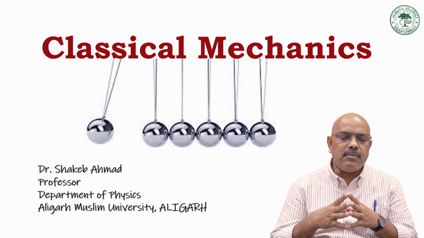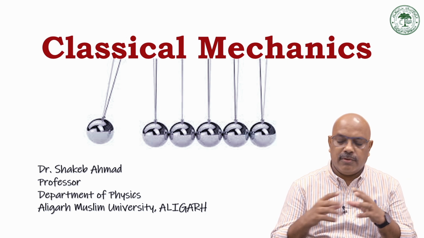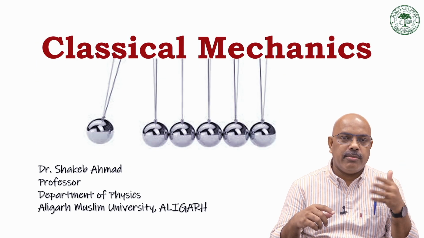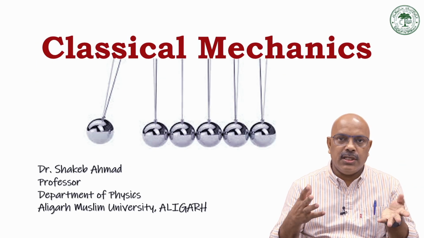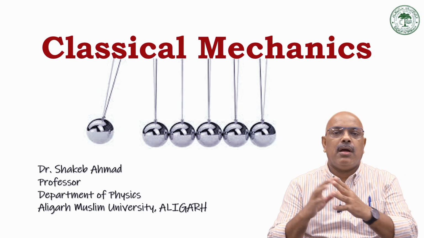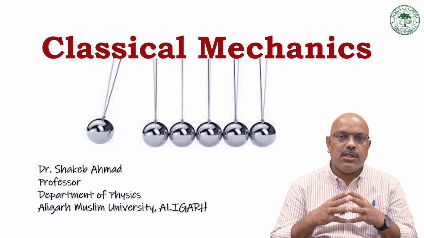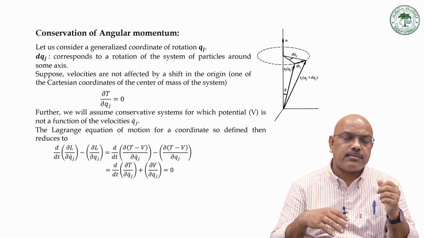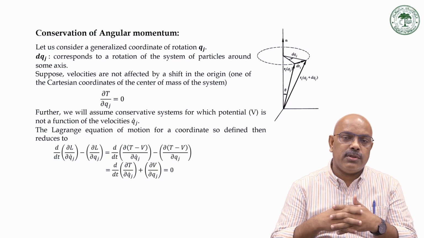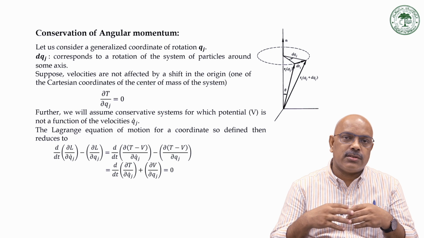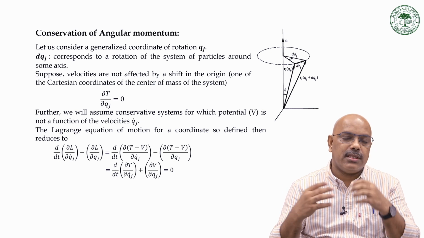Today we'll be continuing from the last lecture, where we were doing the conservation laws. In the previous class we did the conservation of linear momentum, when your system was being translated from one position to another position in the configuration space. That was the condition when your coordinate is cyclic or ignorable, that is, absent in the Lagrangian.